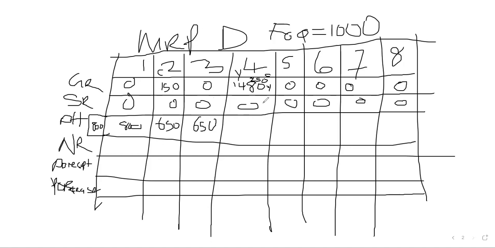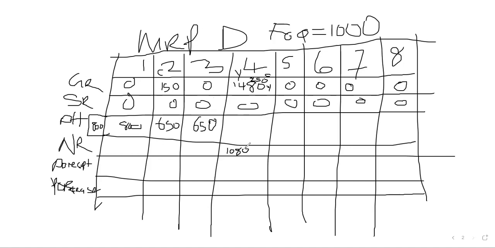Then 650 plus 0 minus 148 minus a 250 total, we are getting a net requirement of 1,080.